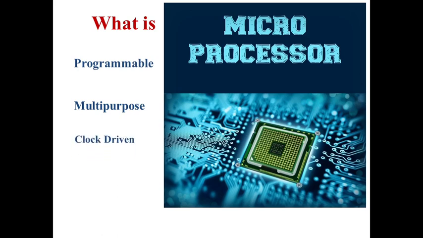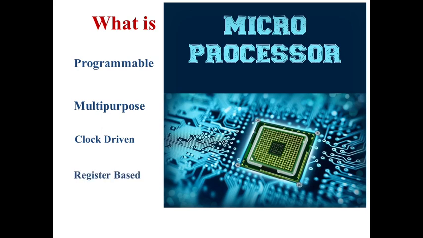Clock driven. Why is microprocessor called clock driven? Because every operation that is happening within the microprocessor is synchronous with the clock. Okay, so this part we will learn in detail. And lastly, microprocessor is a register based device.